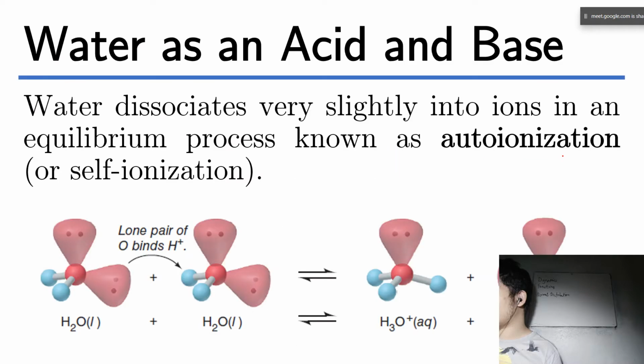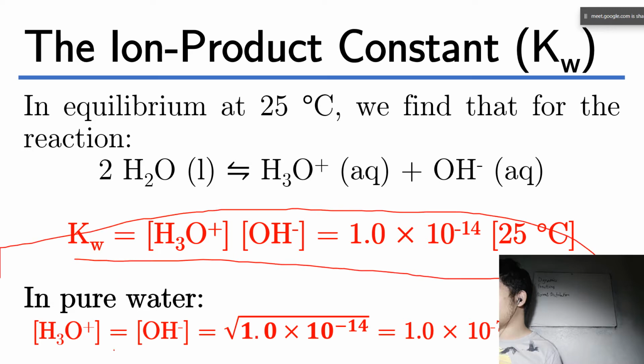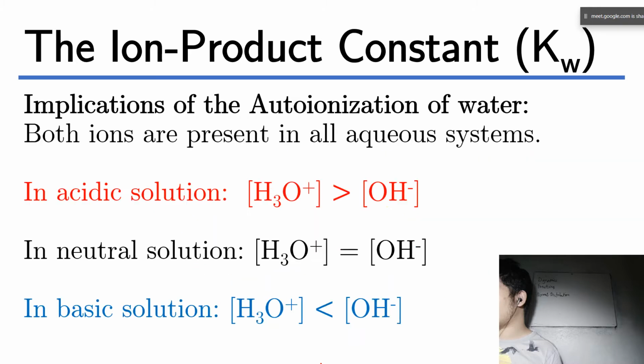Autoionization of water, kapag water, it dissociates slightly into hydronium and hydroxide. Basta, we remember this constant, and in pure water, equal yung concentration nila. In acidic solution, hydroxide is less than hydronium.